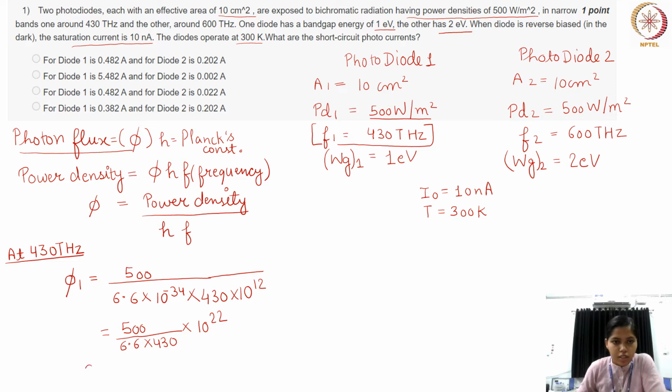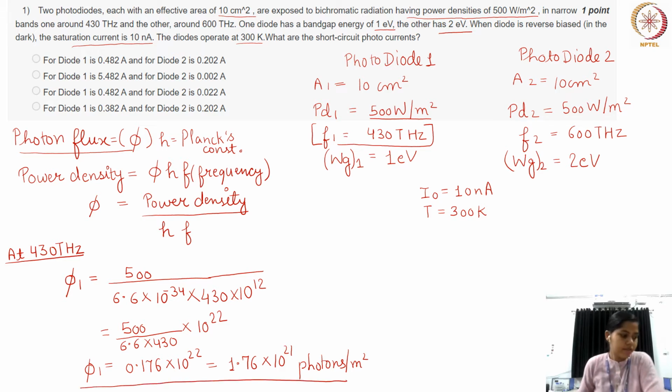So you will get phi1 equal to 0.176 into 10 raised to the power 22, or we can also write it like 1.76 into 10 raised to the power 21 photons per meter square. So is this clear to everyone? You can write yes in the chat box if it is clear.